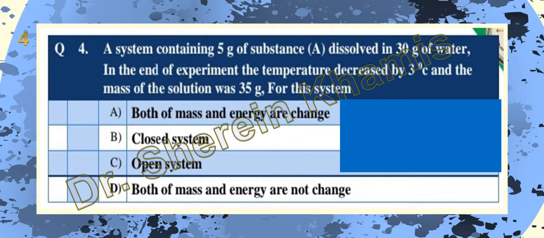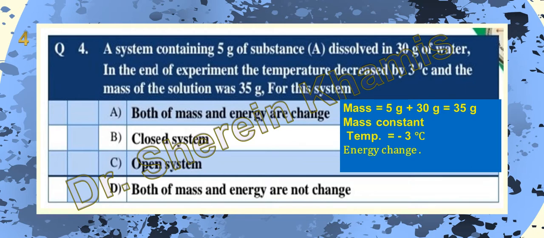So mass doesn't change, but energy changes. As we said, we have the mass constant at 35 grams. So if the mass is constant but the temperature decreases by 3 degrees Celsius, then only energy changes, not the mass. So it will be a closed system.